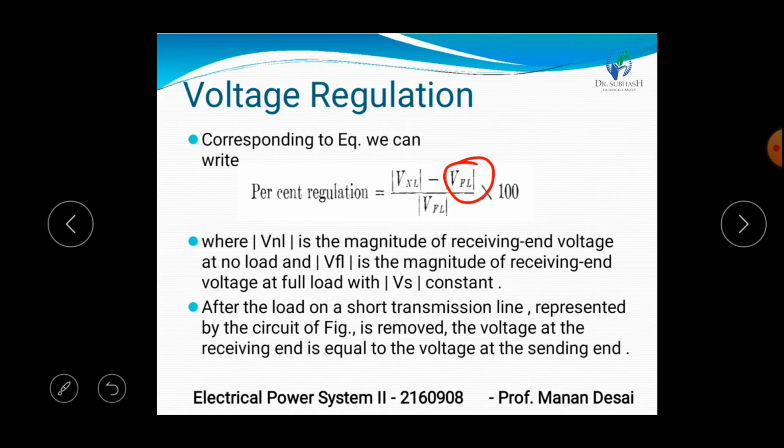Yes, you are right, 10%. The 10% regulation is the best regulation. Why? Because regulation shows the percentage variation. So 10% is less variation compared to 80%. So a lower value is a good regulation.